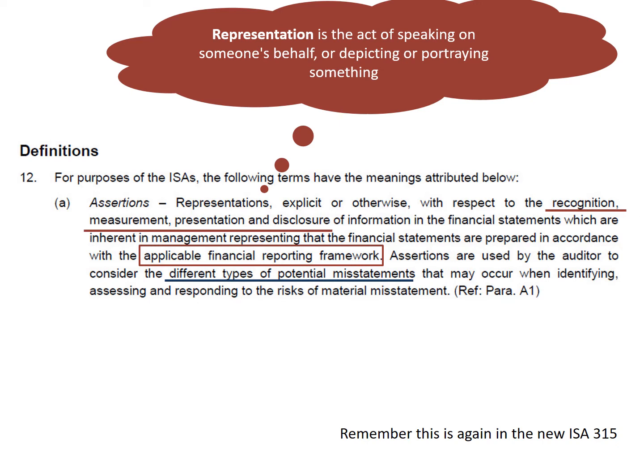But having different assertions forces me to actually think about what else could be wrong with this information. So there are different types of potential misstatement, looking at it from different points of view. Imagine you're walking around this amount. So from different points of view, where do I get misstatements from? Not just looking at it from the straightforward angle, which is usually the number crunching that we do in accounting. Okay. So that's the definition part of it.